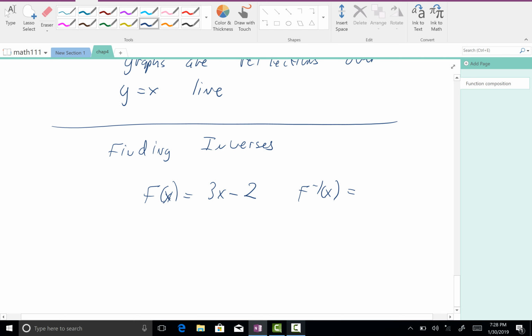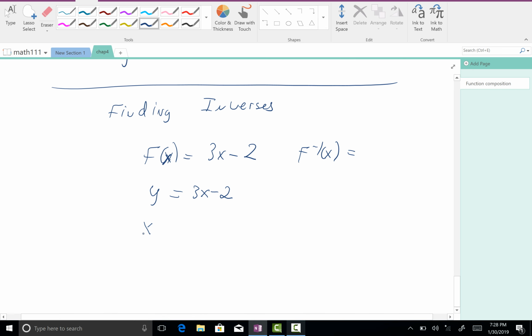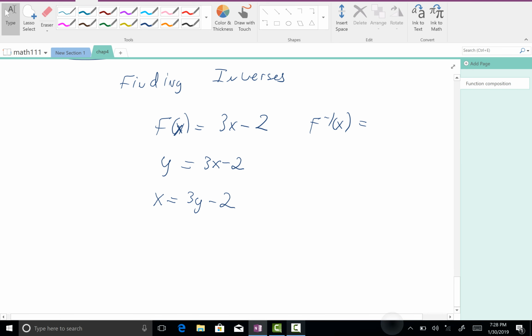Okay, two ways. One, first thing you do, set it equal to y. Now remember, in an inverse, the domain and the range switch. So what we're going to do is switch x and y. Like that. Now we're going to solve for y.